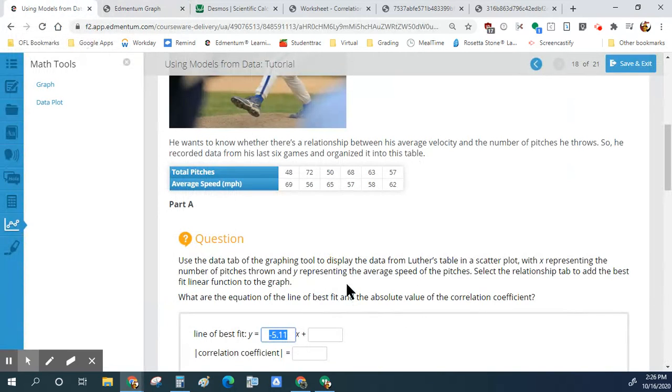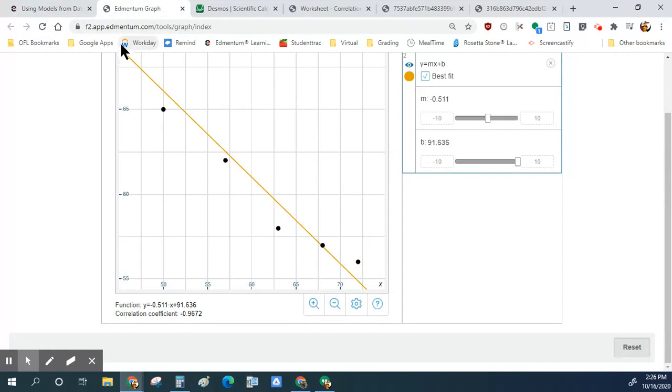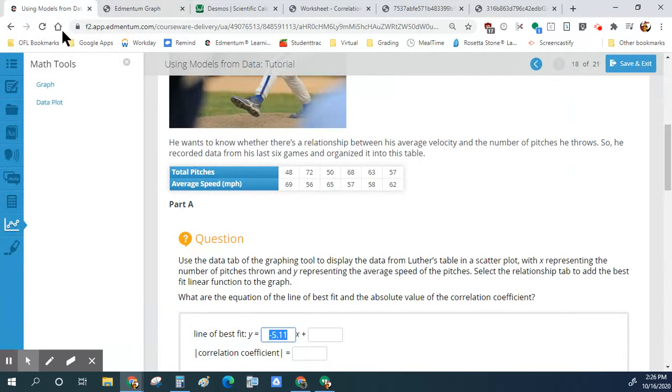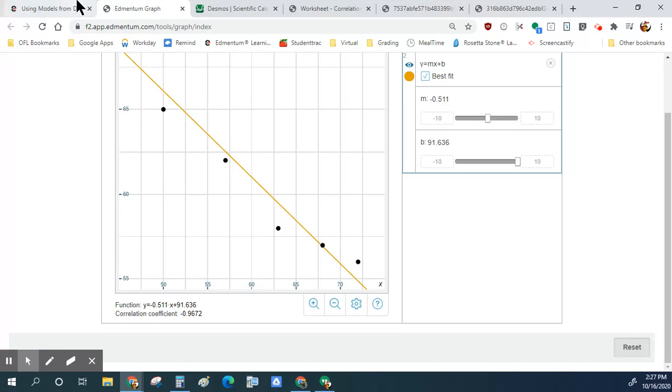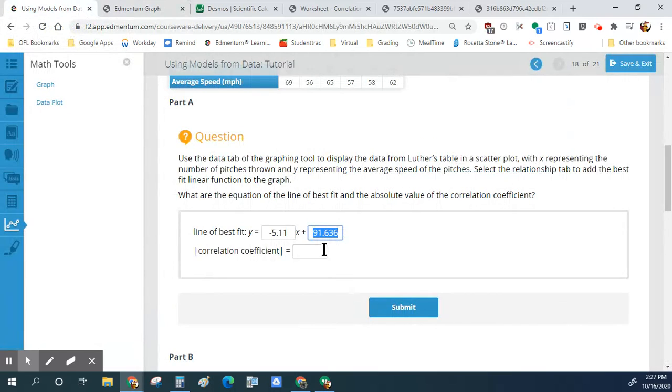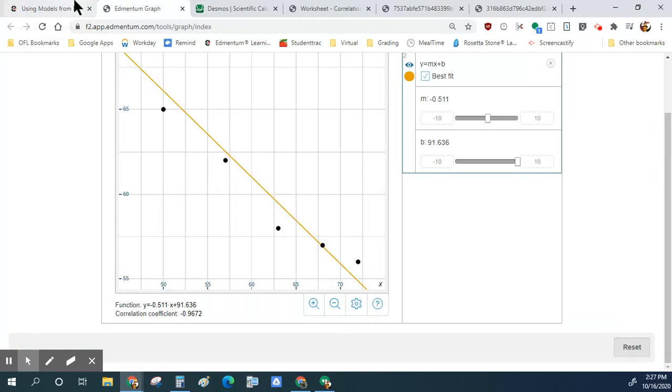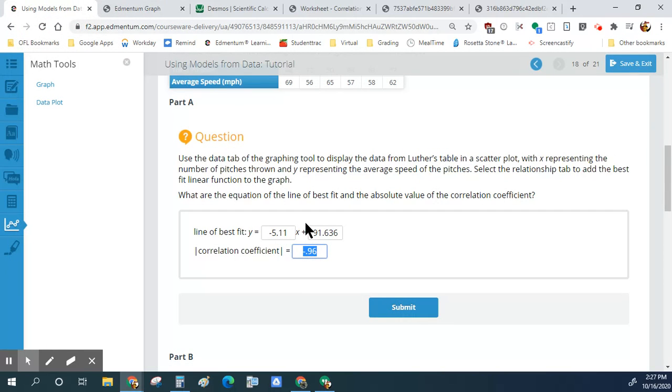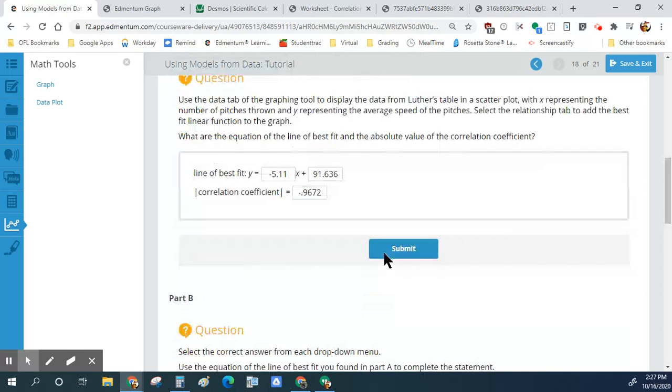And 91.636. The correlation coefficient is going to be negative 0.672. Be careful to make sure that it's not highlighted when you go back because you don't want to delete it by going boop. I just Control Z to put that back there.